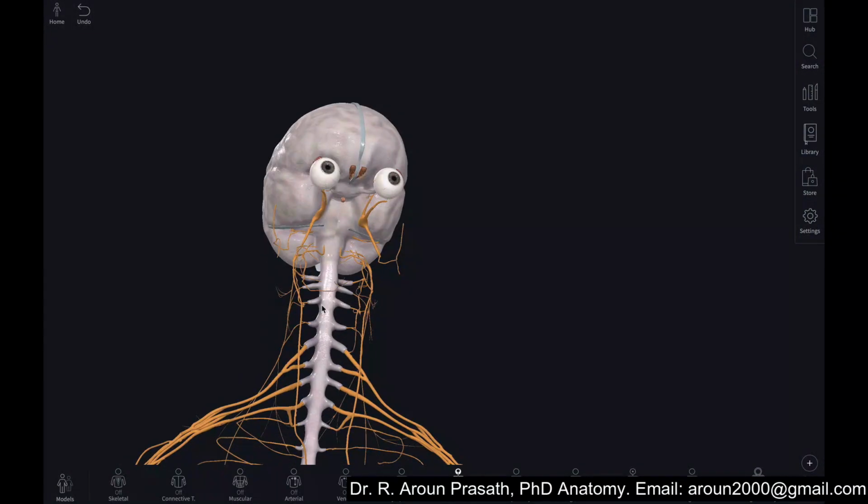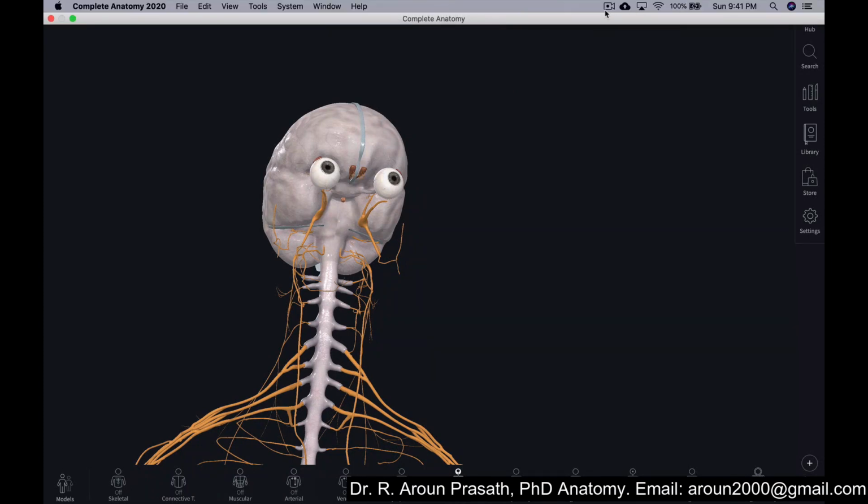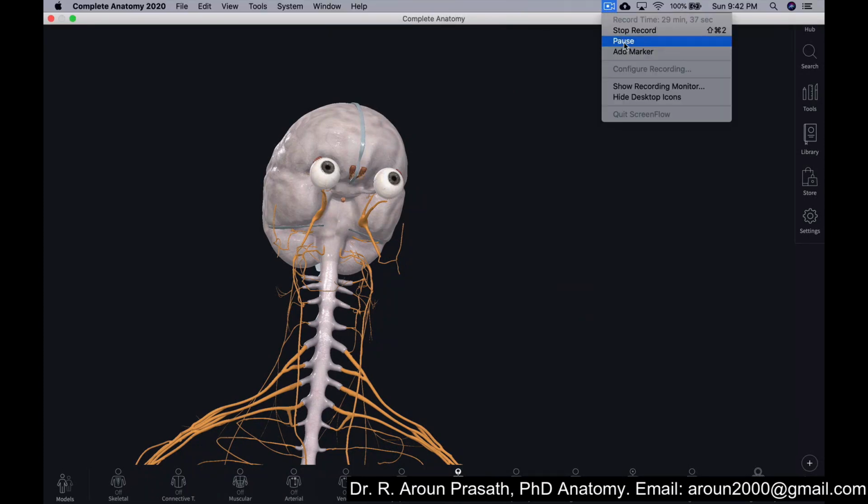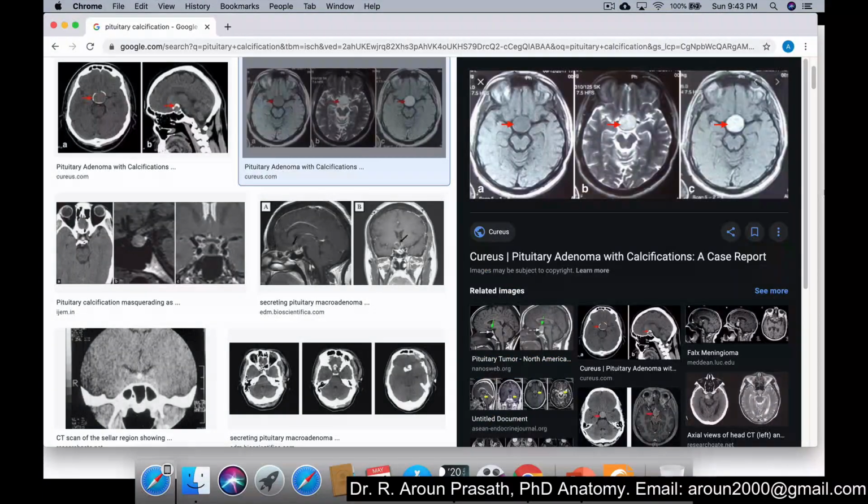There is something called a pituitary adenoma. What you see here is the X-ray CT image of the brain, where you can see there is a big calcified spot.